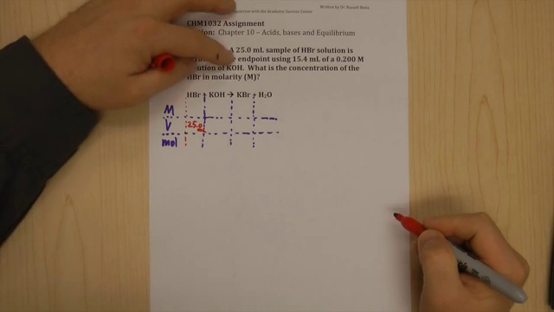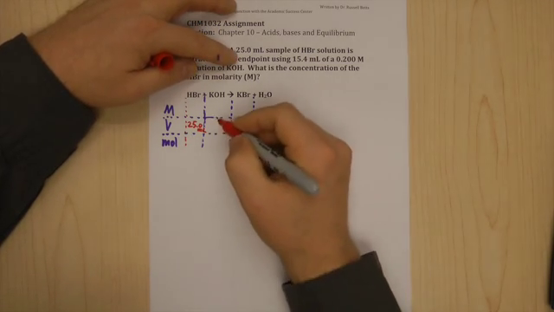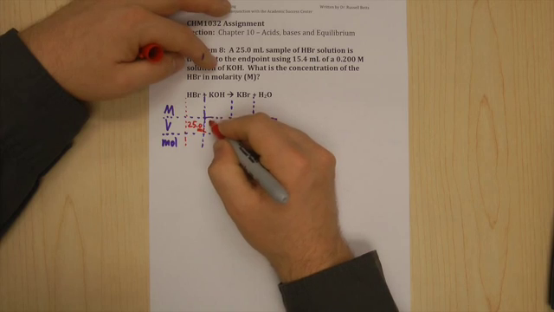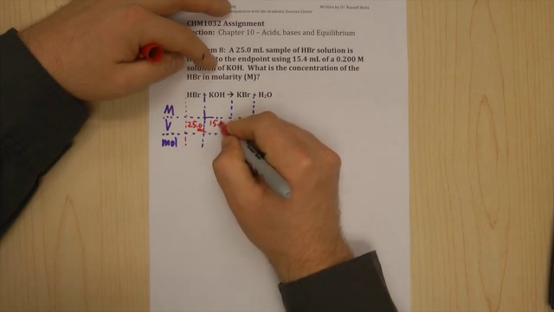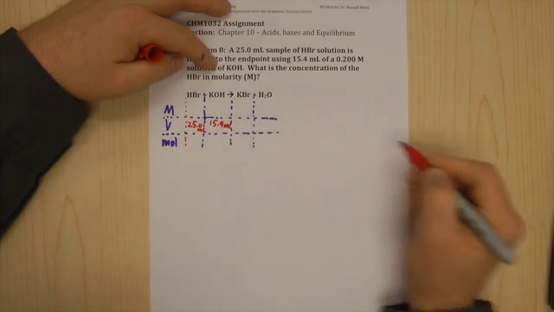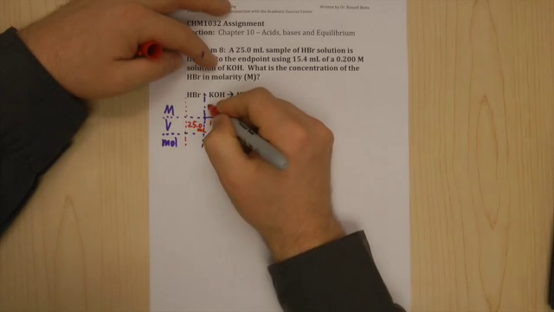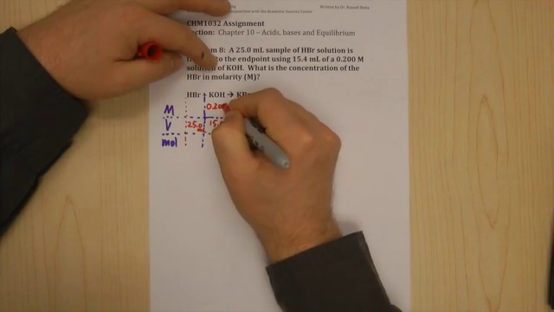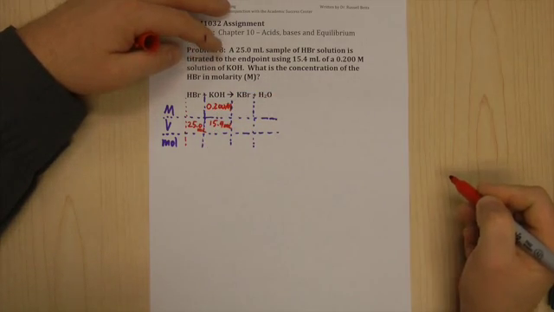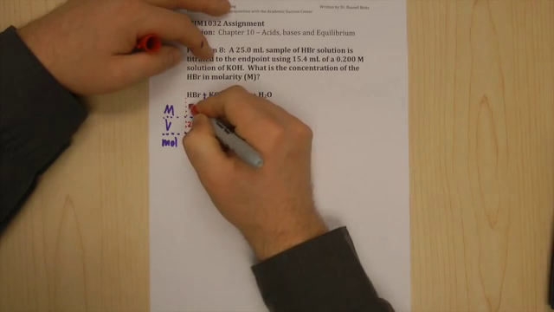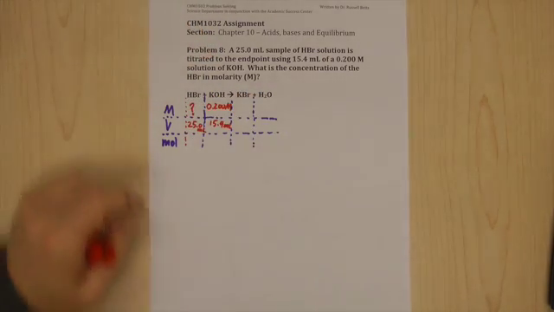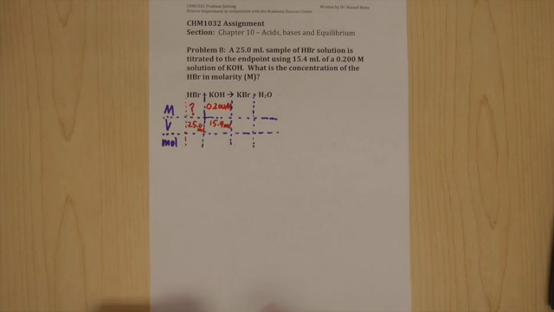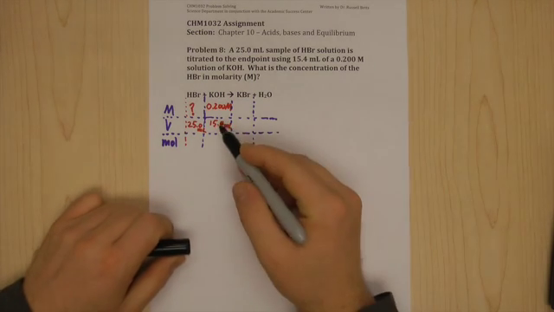It is titrated to the endpoint using 15.4 milliliters of KOH, so 15.4 milliliters goes there, and 0.200 molar goes there. And we want the HBr solution's concentration. So now, we have molarity.